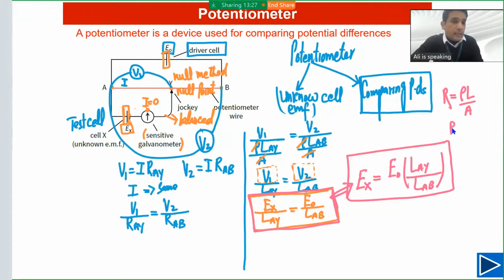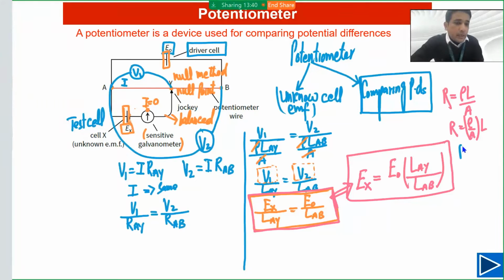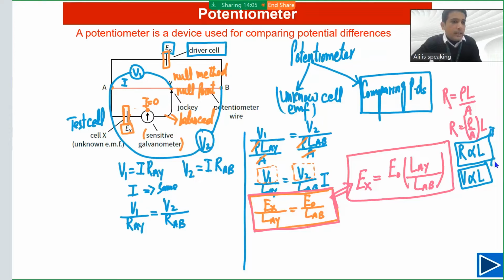For the wire, the constant is rho by A, and here we have L. So R is directly proportional to L. For the same wire, resistivity is the same and A is the same, so this is directly proportional to L. And we have also discussed that V is directly proportional to L as well. So here you have result 1, this is the second one, and this is the third one.